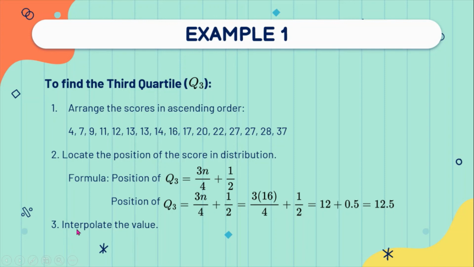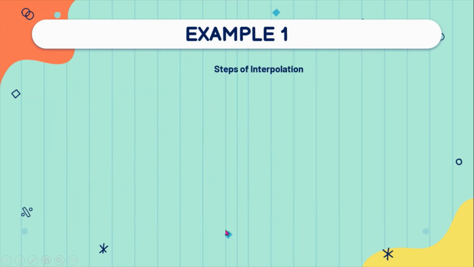And now, interpolate the value. These are the steps of interpolation. Since using the formula in finding the position of the third quartile we obtained 12.5, and 12.5 is between 12 and 13, we are going to subtract the 12th data from the 13th data, and that is 27 minus 22, which is equal to 5. So here we have 5.